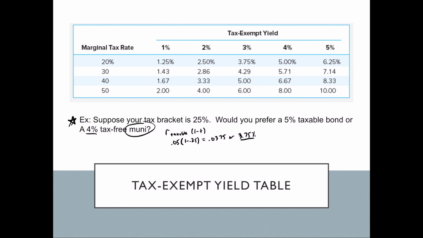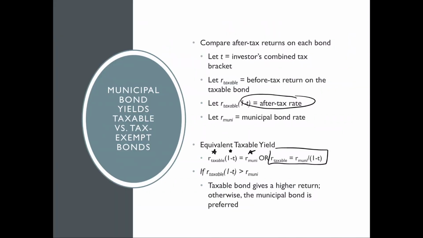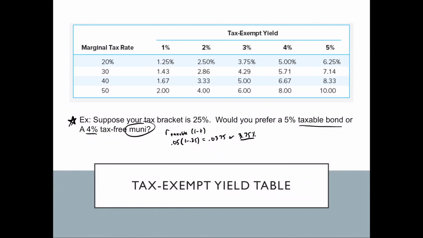Now, what would the rate have to be on this taxable bond in order for you to be indifferent between the taxable bond and the tax-free muni? Let's use this previous equation of calculating the equivalent taxable yield, and what we're going to do is solve for the pre-tax yield on the taxable bond. So what we have here is the return of the taxable pre-tax multiplied by 1 minus the tax rate, and we're going to set it equal to the return of the muni, which is the after-tax return.